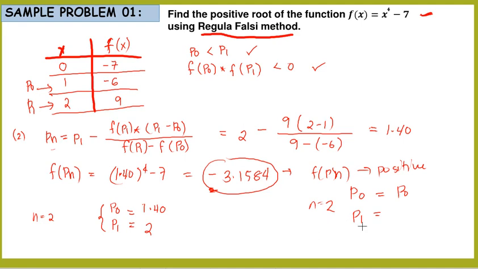And then yung P1 natin is our Pn. Pag positive yung nakuha natin dito. Okay? So, since negative yung nakuha natin, yung P0 natin is yung Pn and yung P1 is still the same. Okay? So, isosolve ulit natin yung value ng Pn sa next iteration. So, if we have n is 2, yung P0 natin is 1.4.